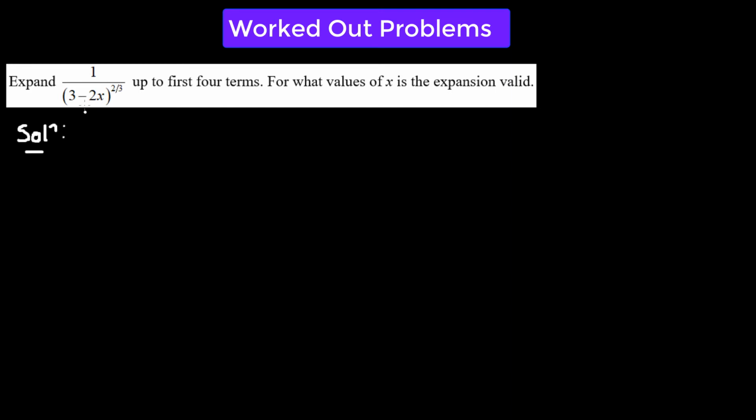What we can do is take the binomial expression, which is in the denominator, to the numerator, and that would become (3 minus 2x) whole raised to the power negative 2/3.